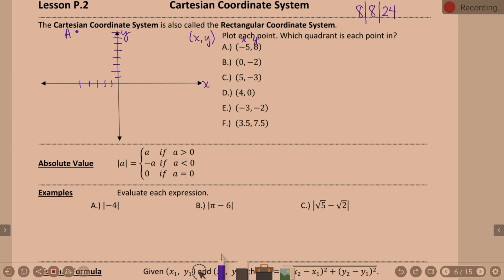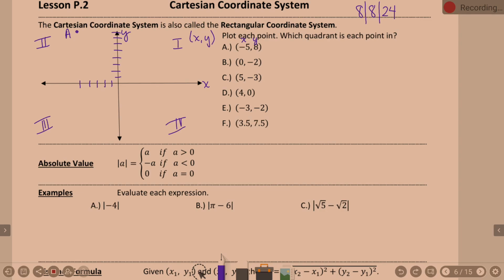Before we move on to B, the question also asks what quadrant each point is in. What do you remember about quadrants? There's 1, 2, 3, 4. Quadrant 1 is over here in the upper right, your positive quadrant, and then we go counterclockwise from there: 1, 2, 3, and 4.